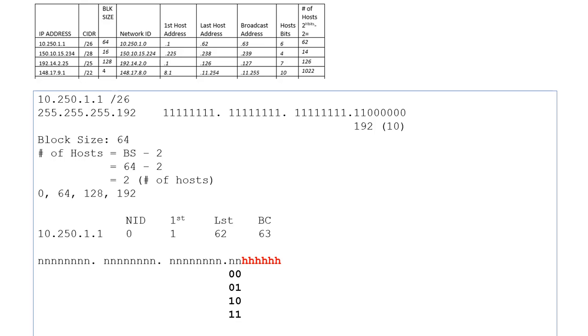Now, what's the value of this 1? If you have 0, 1, followed by all zeros, that value is actually a 64, so that's pretty easy to figure out.